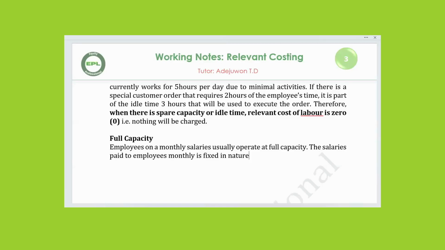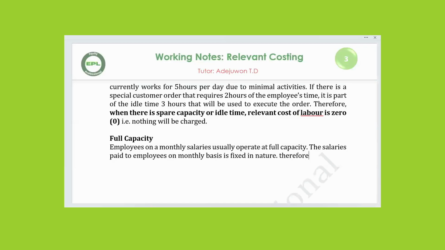For that particular year, it will remain constant. It will not change. And that's why the salary paid to an employee is a fixed cost. So the salary paid to employees on a monthly basis is fixed in nature.